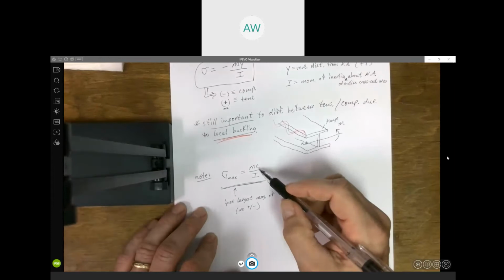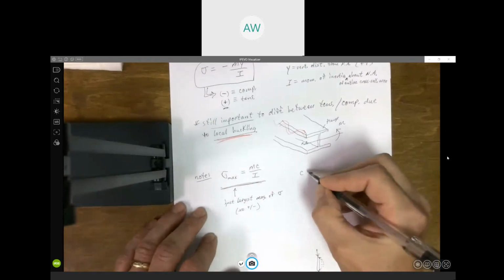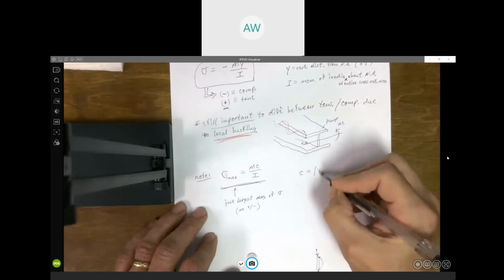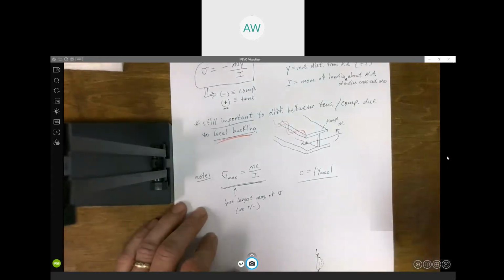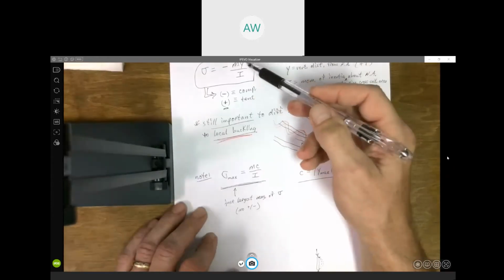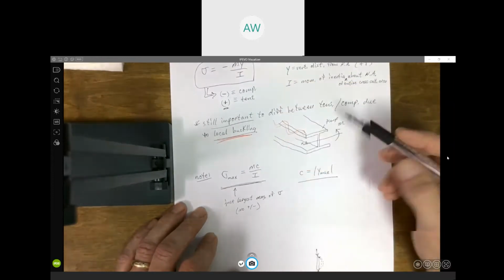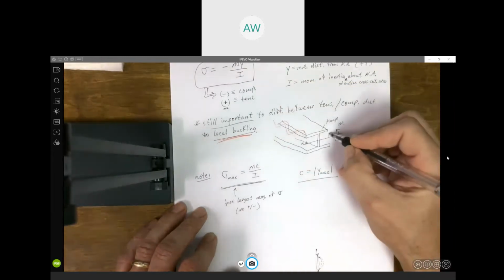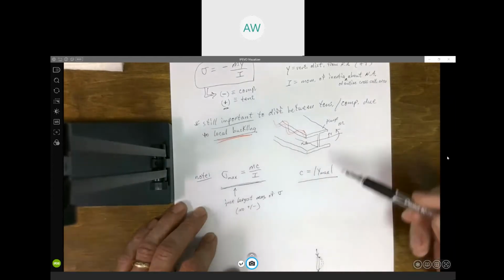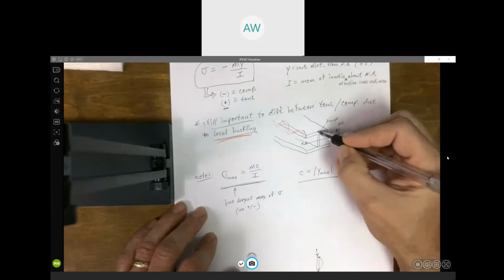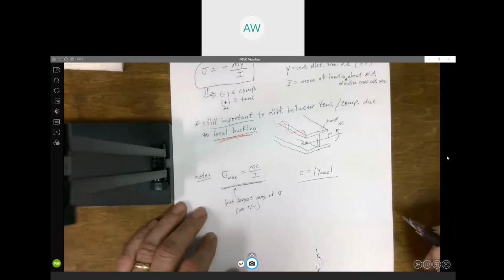Where c here is the absolute value of y max. Because we talked about, if you look at this formula, your maximum stress is going to be where y is the biggest, right? y is the distance away from that axis. Well, that's going to occur at the top and the bottom surface.